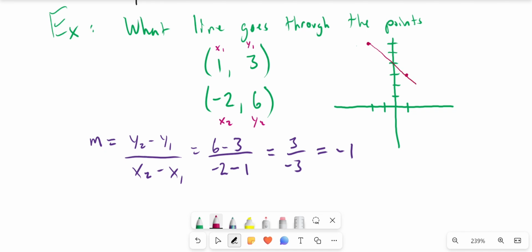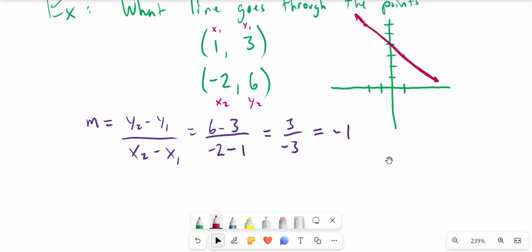There we go. And yes, I'm sketching, right? So this isn't going to be 100% exact, but that other one just was not working for me, right? And I knew it couldn't. As soon as we got this integer slope, that tells me that when I go over by some whole number of steps, I'm going to go down by the same number of steps. So let's get an equation for this line, right?